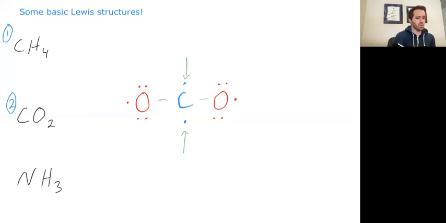So carbon only has 6, and if you look at the oxygens, they are each deficient as well. Carbon right now has 6, and the oxygens have 1, 2, 3, 4, 5, 6, 7 each. Remember that the bond counts toward both of them, and it has 2 electrons.